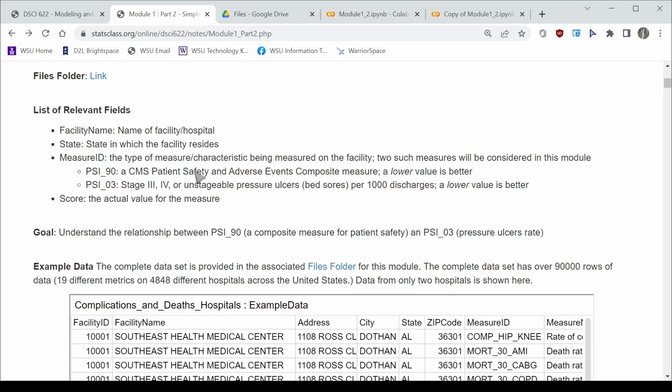I'm going to try to predict or understand this safety and adverse composite score using PSI 03, which is pressure ulcer rate. Pressure ulcers are just your bed sores, and this rate is per 1,000 discharges. And again, a lower value is better here.